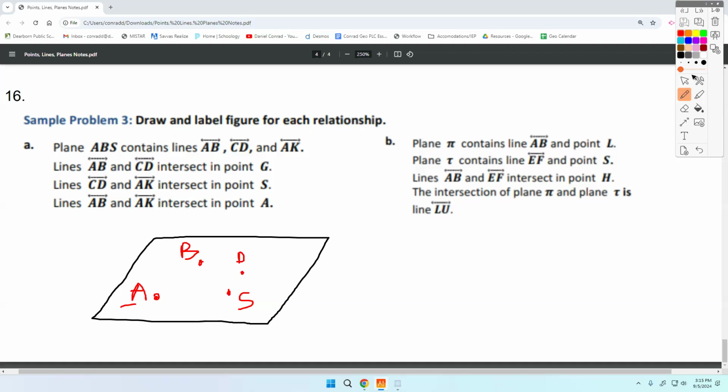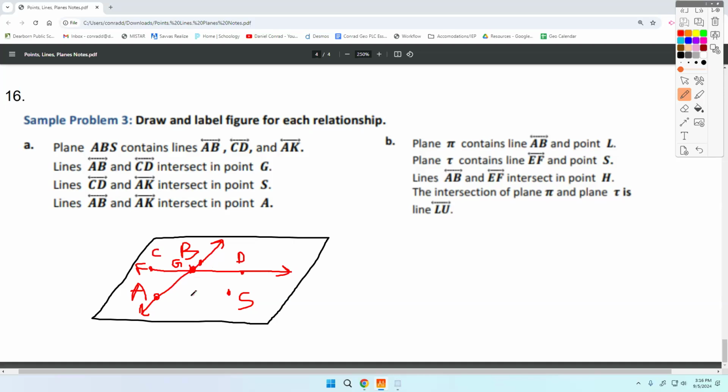So I also need a point C. So here's line AB. Let's draw better lines. AB, perfect. Okay, and I'm also going to put a point C right here. And I'm going to draw a line CD in the plane as well. So line AB and CD are going to intersect at point G. So there's point G right there.